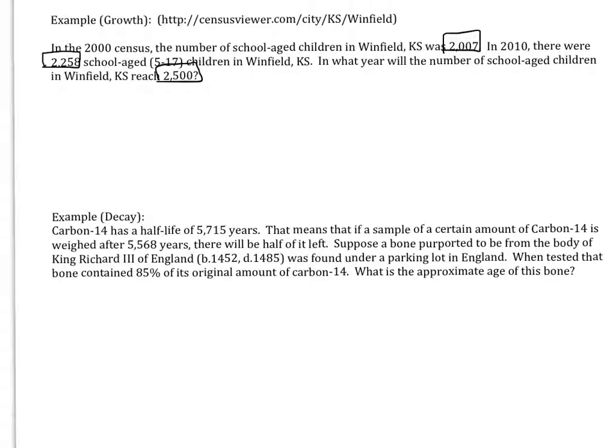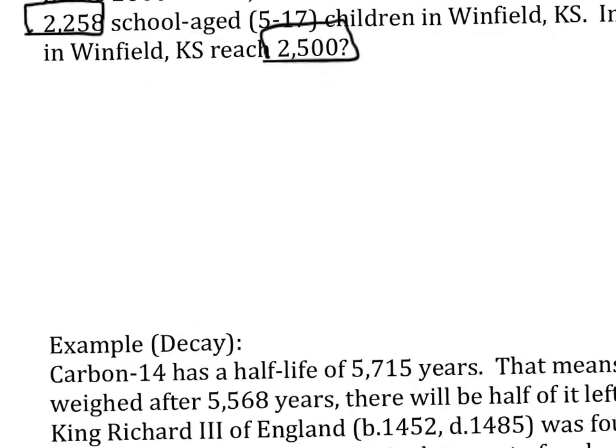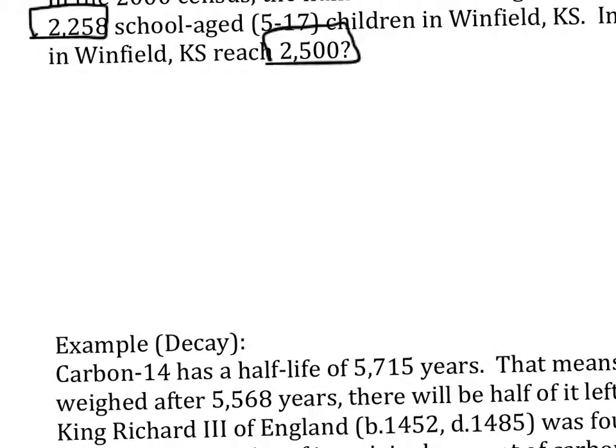Okay? So, how we set this up, I'm going to zoom in to create some more room for myself here. We know that our ending amount was 2,258. The beginning amount was 2007, and that's e to the k times 10 years.